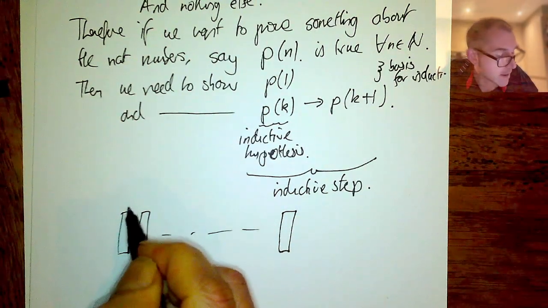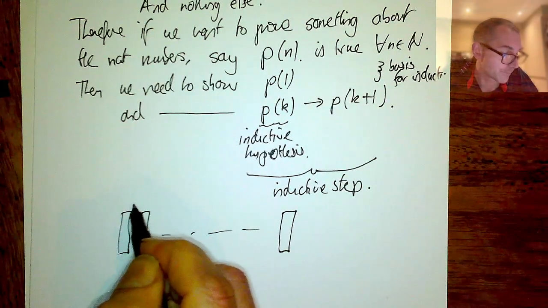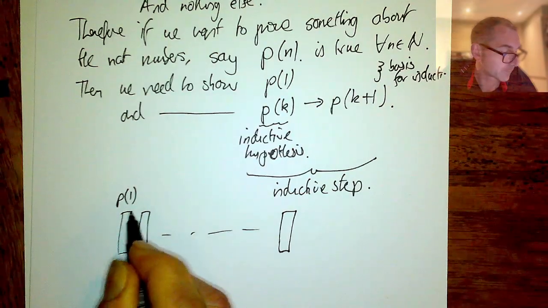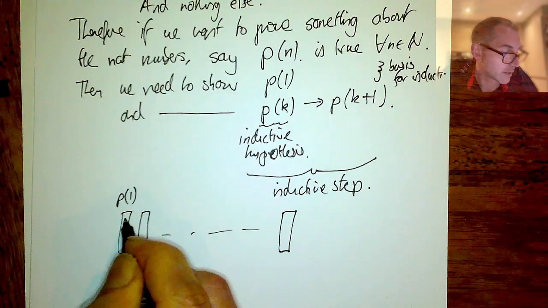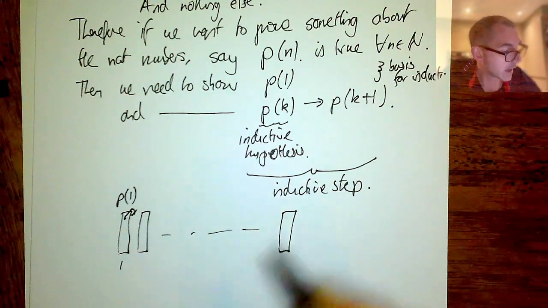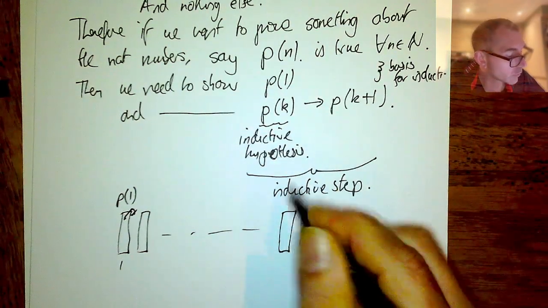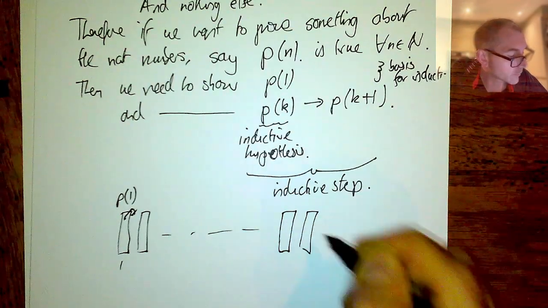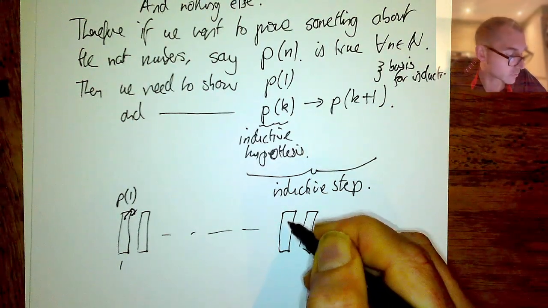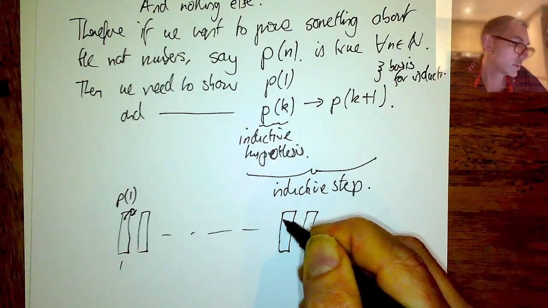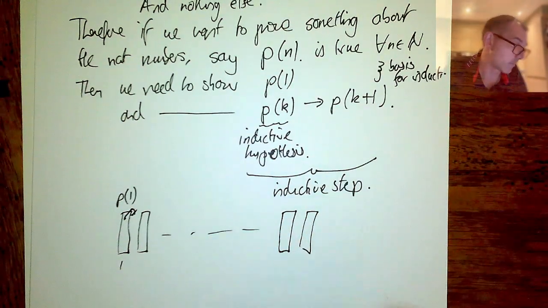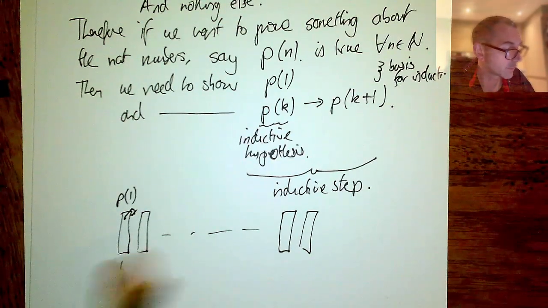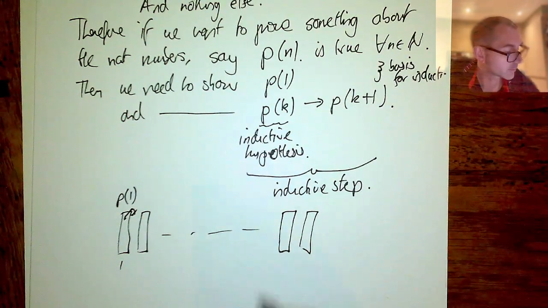The idea is, if I can show that the first one goes down, so if P of 1 falls, and I know that they're close enough together that whenever P of k is true, so whenever the kth domino falls, the next one's going to as well, then that's all I need to know, because the first one will go down and then they'll all go down in order.